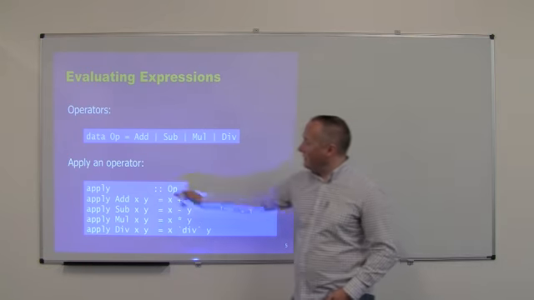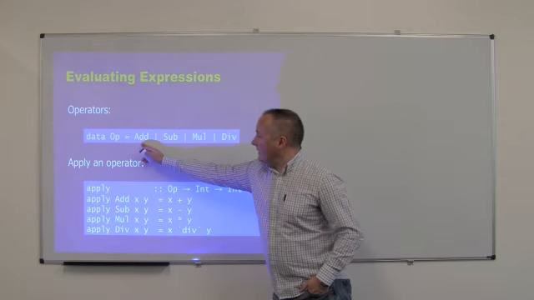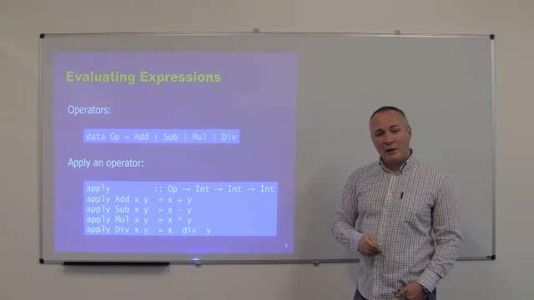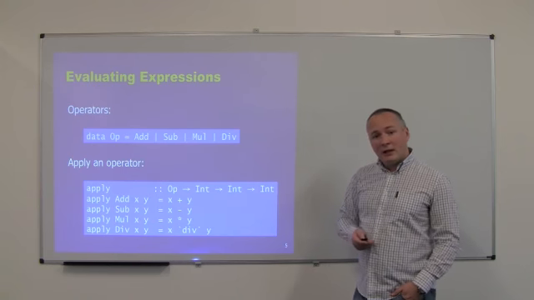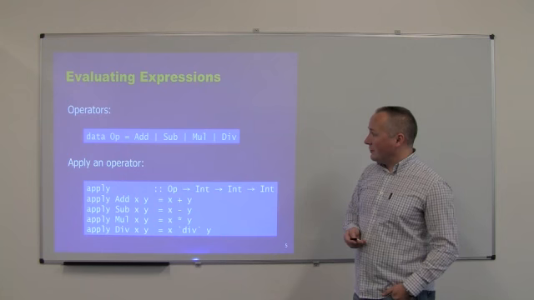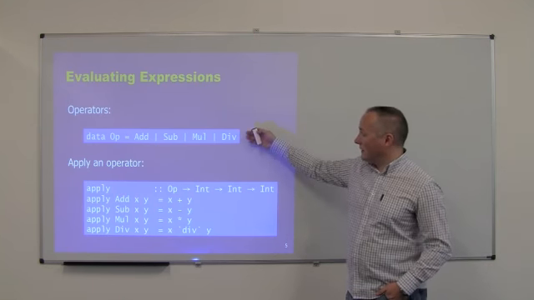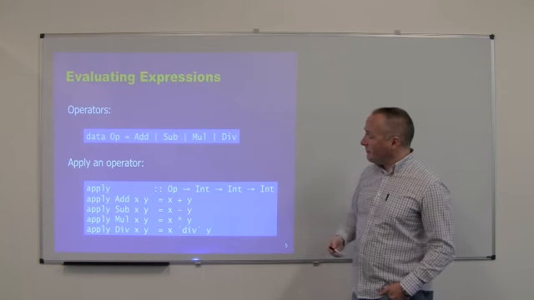It defines a new data type called op, which stands for operator, and then it defines 4 new values, or 4 new constructors of this data type, which represent the 4 different arithmetic operations: addition, subtraction, multiplication, and division. So it's a nice, simple, non-recursive data type declaration, which is just enumerating the 4 possibilities that we can have for an operator.